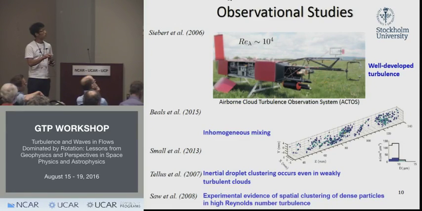And also in 2015, Bills et al. observed that the distribution of the cloud droplets is inhomogeneous in the warm clouds. There are also other measurements in 2013 and 2007 where they observed this inertial droplet clustering occurs in turbulent clouds.